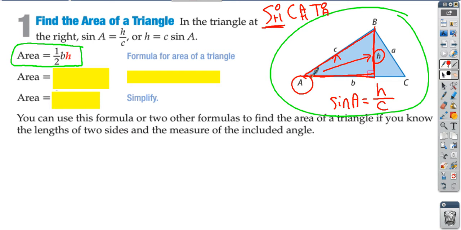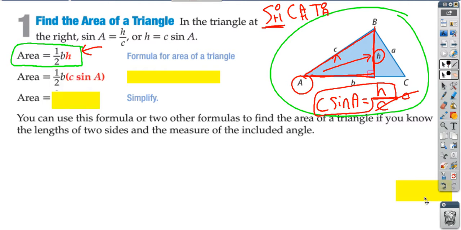Now we want to solve for the height, because remember, in our area formula, we're assuming that they did not give us the height, and therefore we want to solve for it, because then we can plug in. So height is being divided by c, so we can cancel that by multiplying. And now we see that the height of that triangle is equal to c times the sine of A, and that gives us our area formula right there. 1/2 times BC times sine of A.